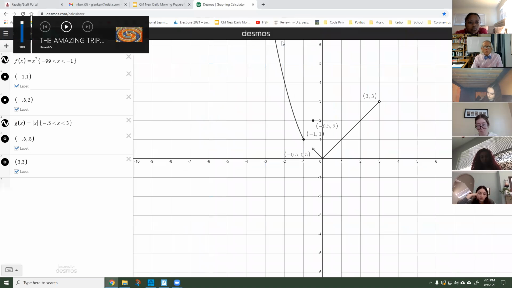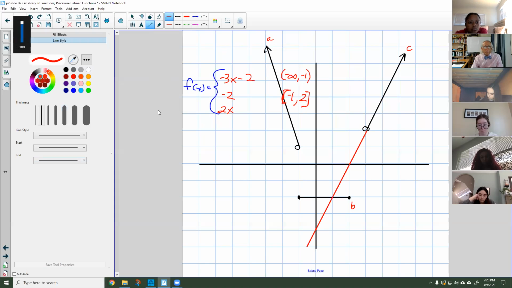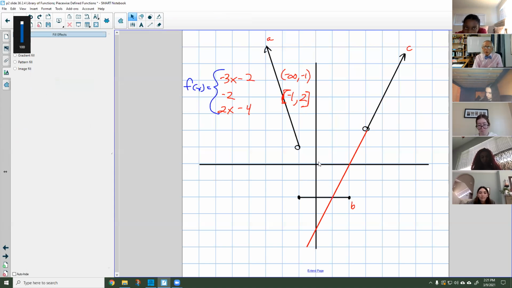Okay, so 2x minus 4. And what is the domain of that function? So I'm going to get rid of my line right here.